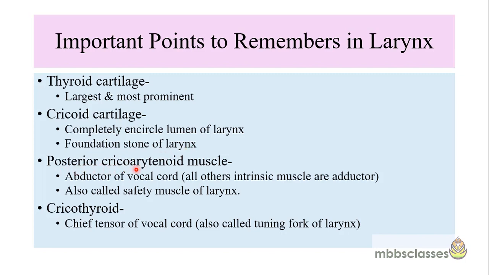The posterior cricoarytenoid muscle is the only muscle that causes abduction of the vocal cord. All other intrinsic muscles are adductors, and it is also called the safety muscle of the larynx. The cricothyroid muscle is the chief tensor of the vocal cord and is also called the tuning fork of the larynx.